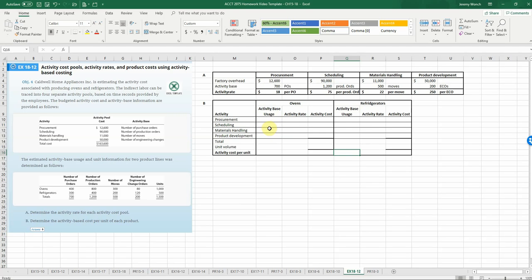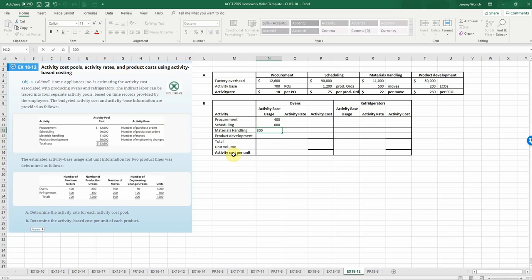So for the ovens, under procurement, which is number of purchase orders, ovens had 400. Scheduling is production orders, and production orders for the oven was 800.